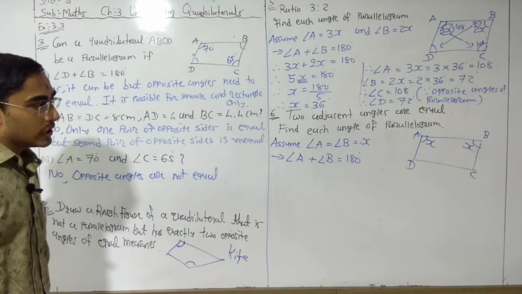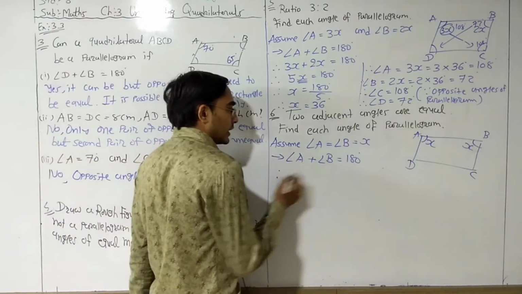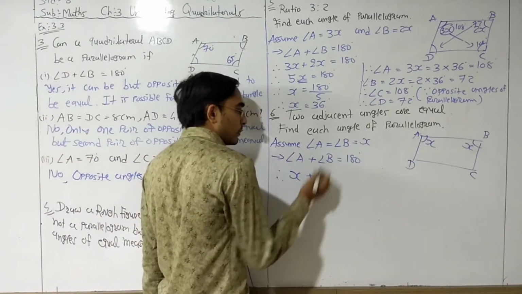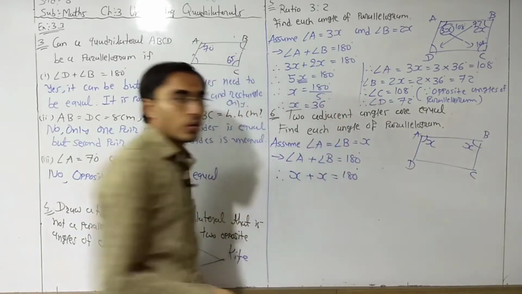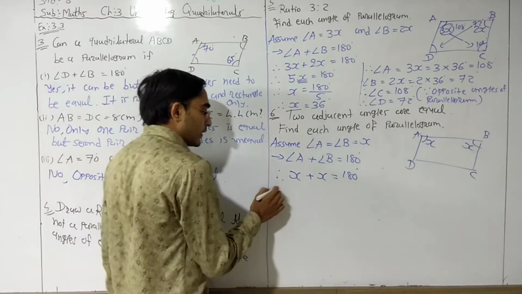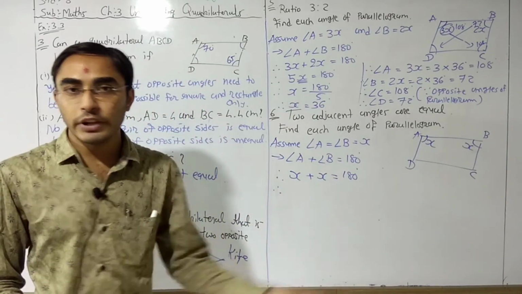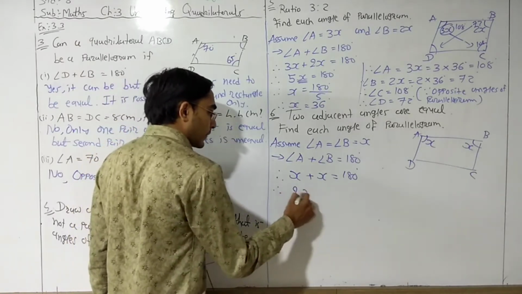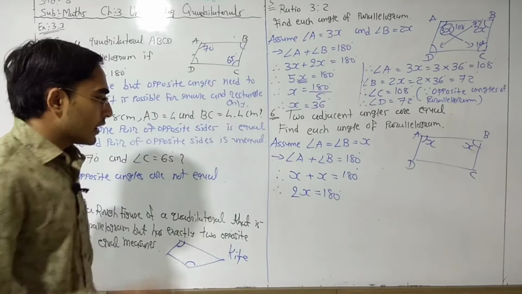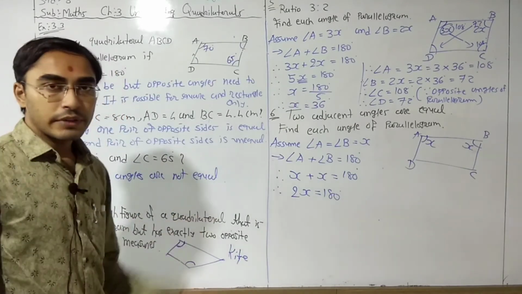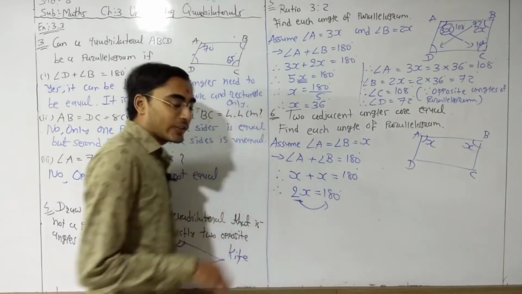Okay, now put the values of angle A and angle B here. Angle A is x plus angle B is x, equal to 180 degrees. Now x plus x, that means 1x plus 1x, is 2x. So 2x is equal to 180 degrees. Now for finding the value of x, we need to transfer this 2 to the right hand side.